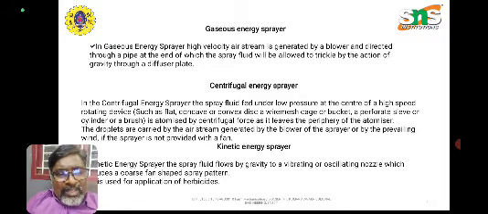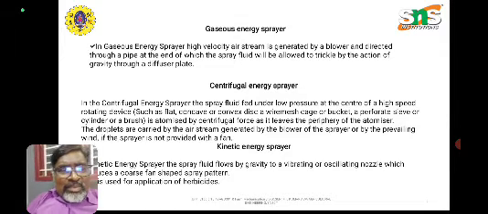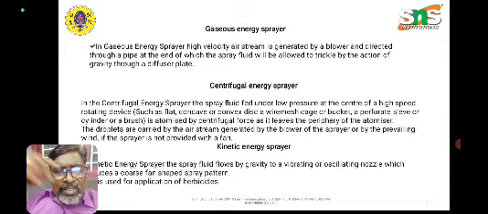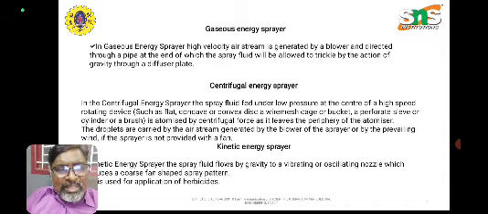So on one end, a highly pressurized air stream is generated and made to pass through the pipe. Thereby the pesticide or insecticide chemicals which we are applying, when mixing with this air stream, go outside and are applied in the form of fine droplets.